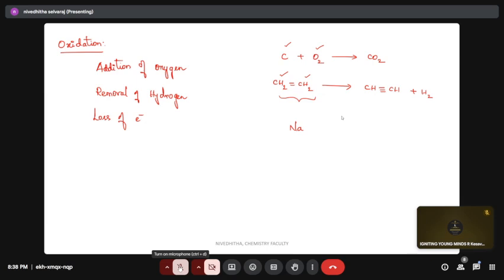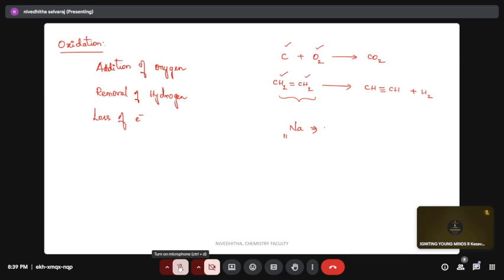What is the atomic number of sodium, first of all, and what is the electronic configuration of sodium, and how about its stability? Atomic number is 11, ma'am. Then when it loses one electron, it becomes stable, ma'am. Yes, 2, 8 configuration.